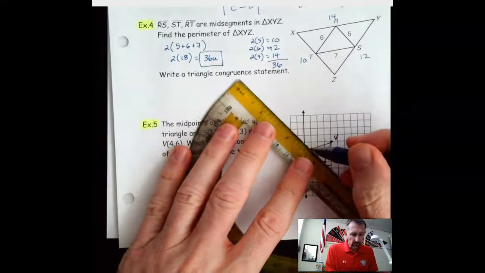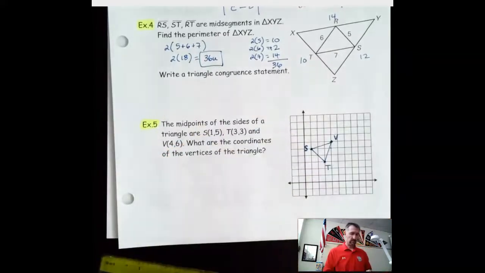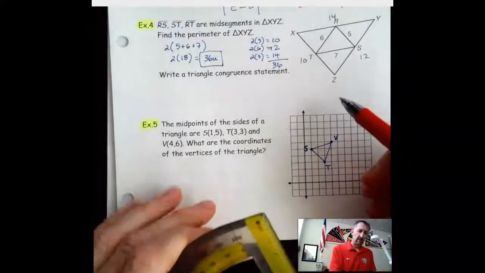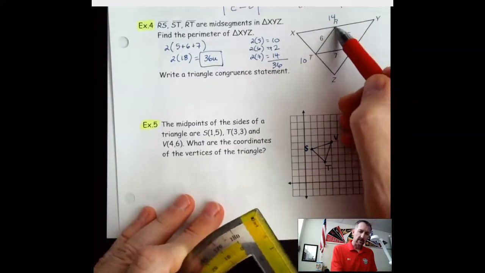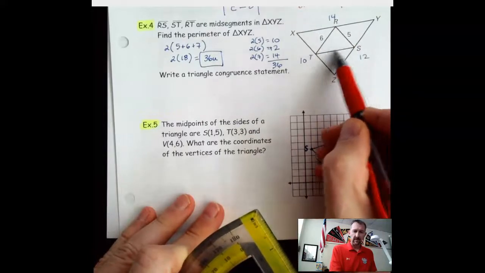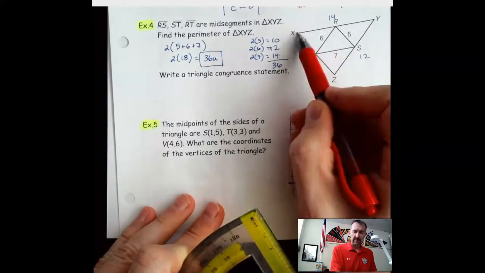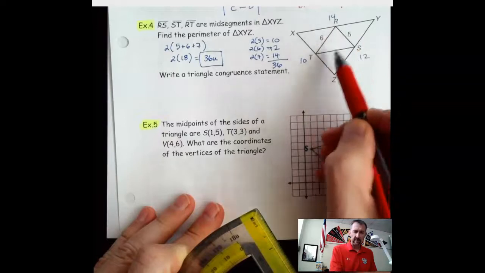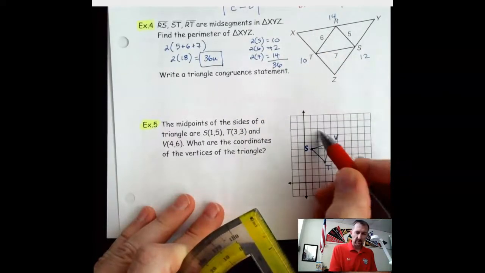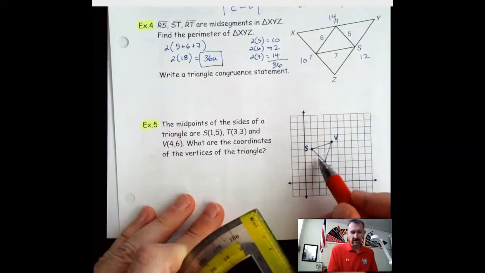So if we want to get the vertices of the triangle, what we can do is think about it. So if we have this and we have this, then we can put a side through here that is parallel to this and twice as big. So I want to put a side through V that is parallel to this and twice as big.